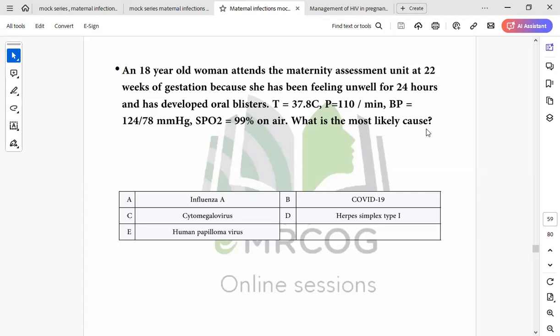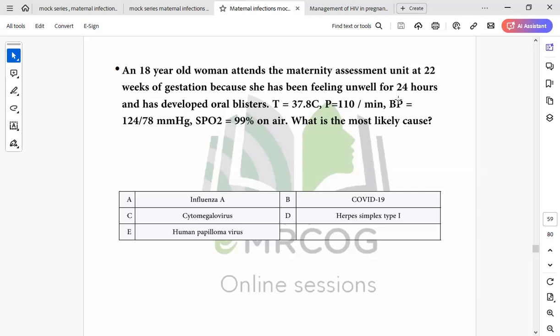Very easy one. Okay, would you tell me, please, what would be the most pathognomonic symptom or sign that would make you think about COVID-19?